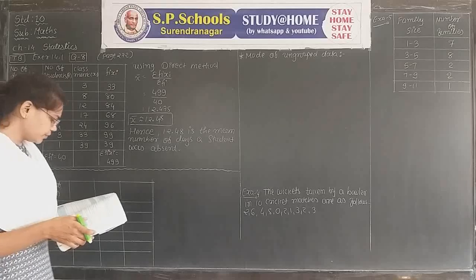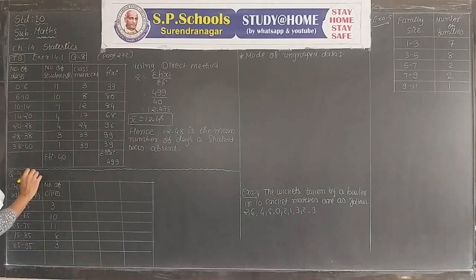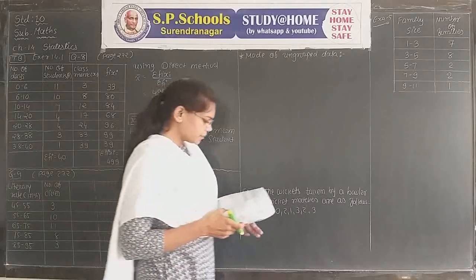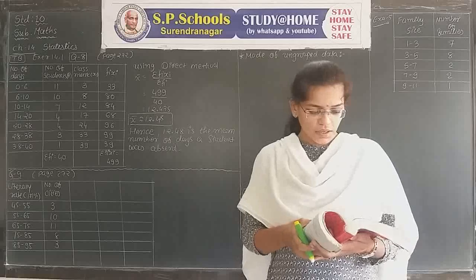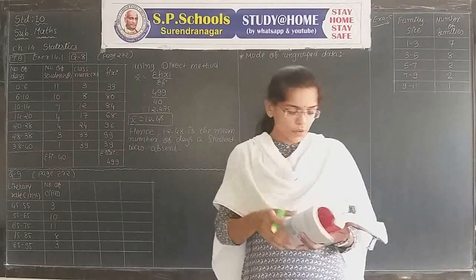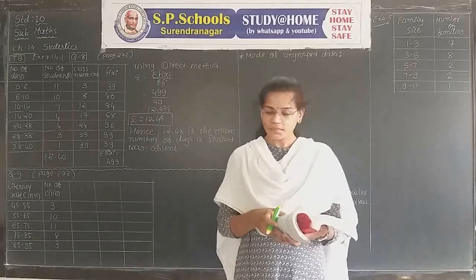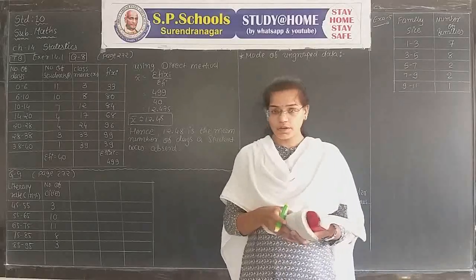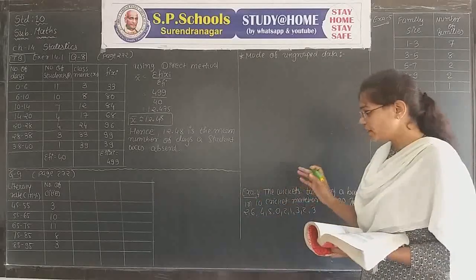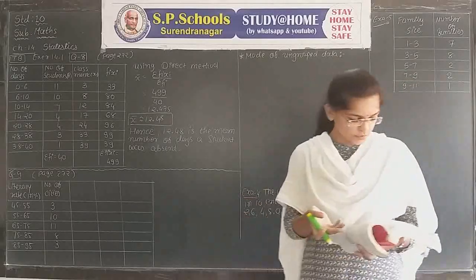See the question first on your page number 272. The following table gives the literacy rate in percentage of 35 cities. Find the mean literacy rate. Again, the method is not given, so we can use any one method. Right now we are using the step deviation method.